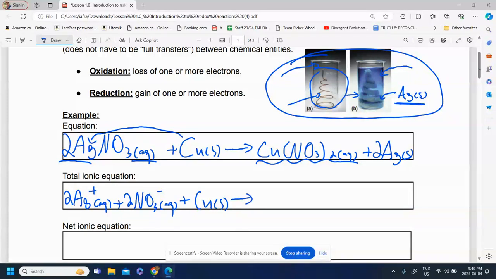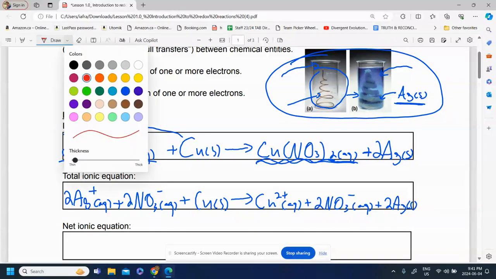Our arrow there, and then now on this side we have the copper 2 plus, aqueous, plus still 2 nitrates, aqueous, and there's 2 because of this subscript here. And this time the silver stays as is, 2Ag, solid. So this is the total ionic equation. It's showing you essentially all the ions that are involved in the reaction.